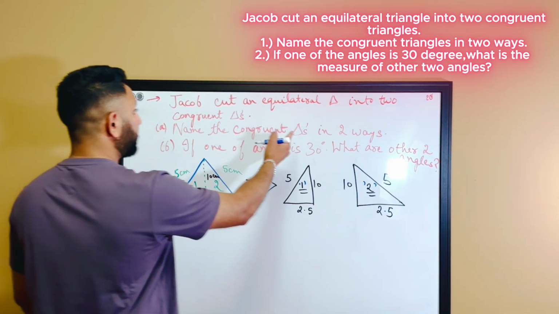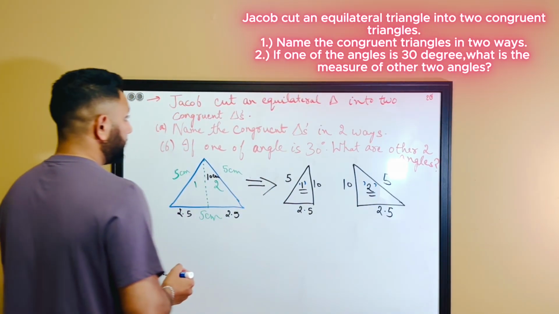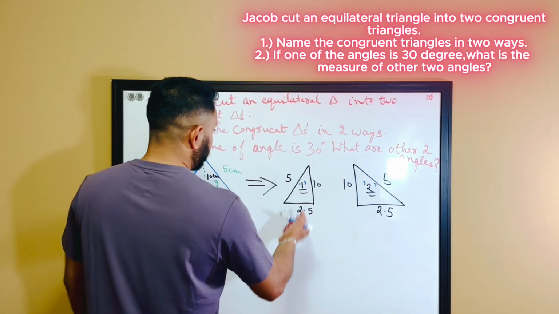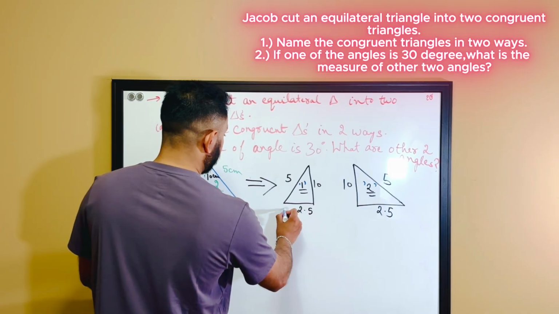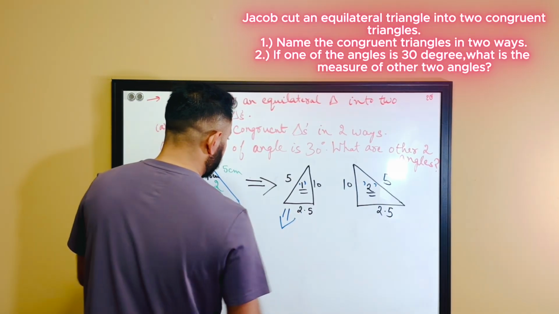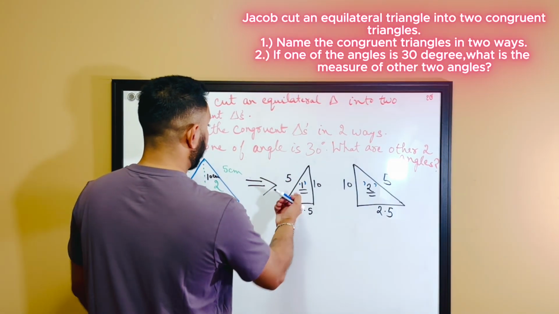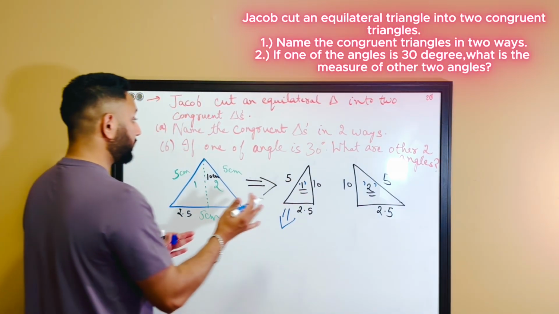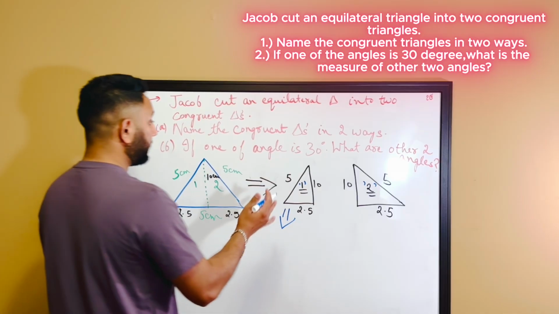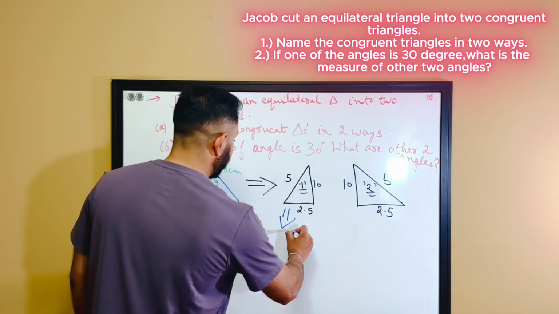So what we need to find out is, name the congruent triangles in two ways. So let's focus on the first congruent triangle. As we know, if the measures of all the sides are different, then that triangle is scalene.